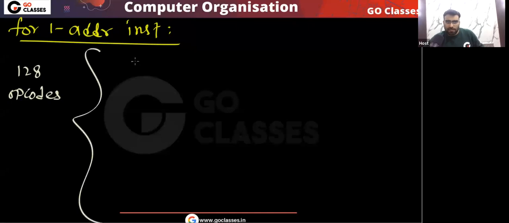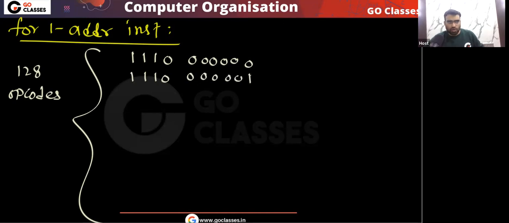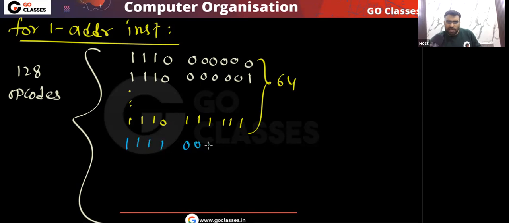For example, these opcodes: 1110, then all 0s. Then 1110, then 000001, and so on, up to 1110, then 111111. So these are your 64, plus you can have 1111, then starting from 0000, and so on.